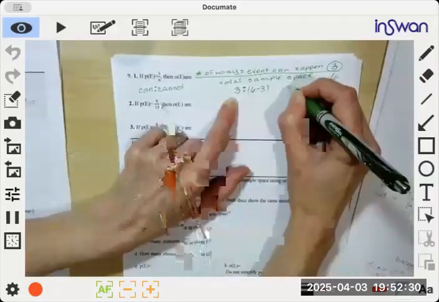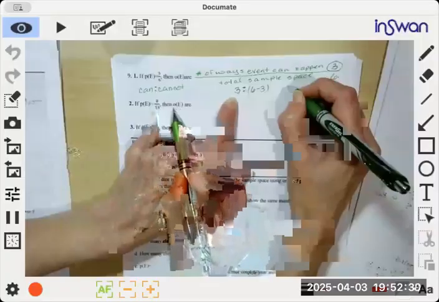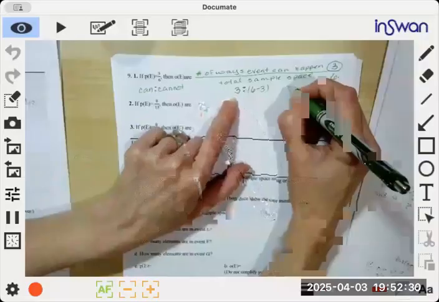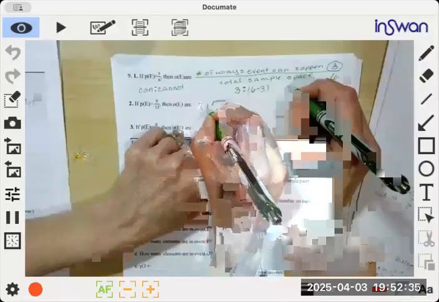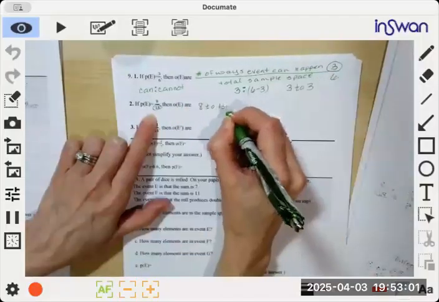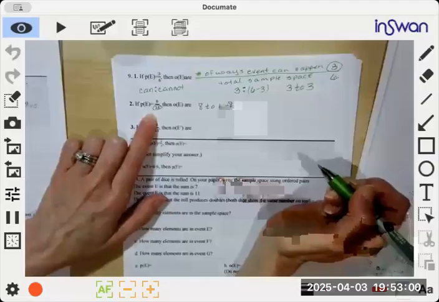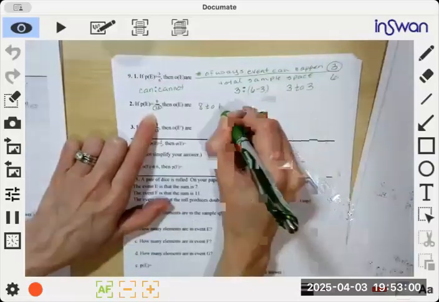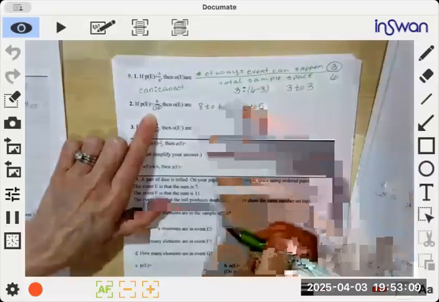If the probability is 8 to 13, then the odds of E are 8 to 13 minus 8, or 8 to 5.